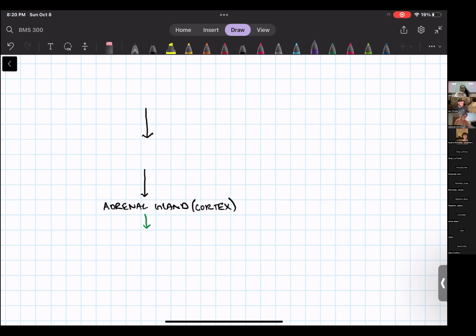The posterior pituitary, exactly, which comes from the hypothalamus, right? Which will then act on the kidneys, hence not the adrenal gland. Yes. They can get very confusing with how many hormones you have to know. There's so many.